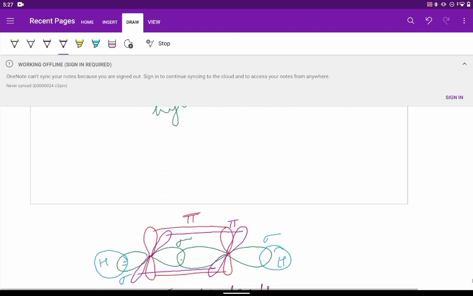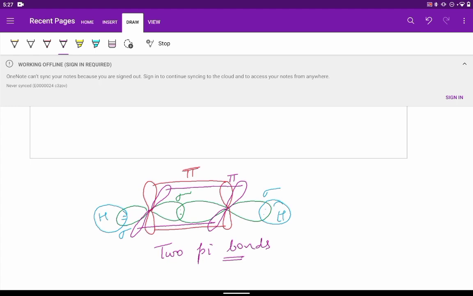As we can see in this diagram, this is the sigma bond formation between the sp hybridized orbitals of both the carbons, and here another sigma bond with the hydrogen atoms. The left out unhybridized p orbitals will have a sidewise overlap to form two pi bonds.